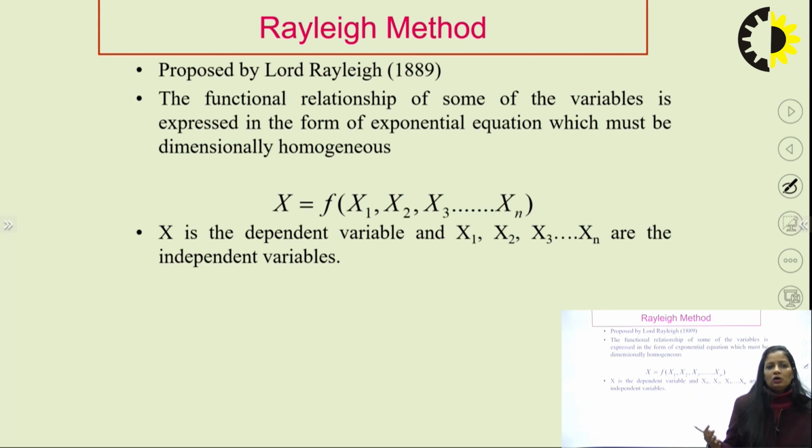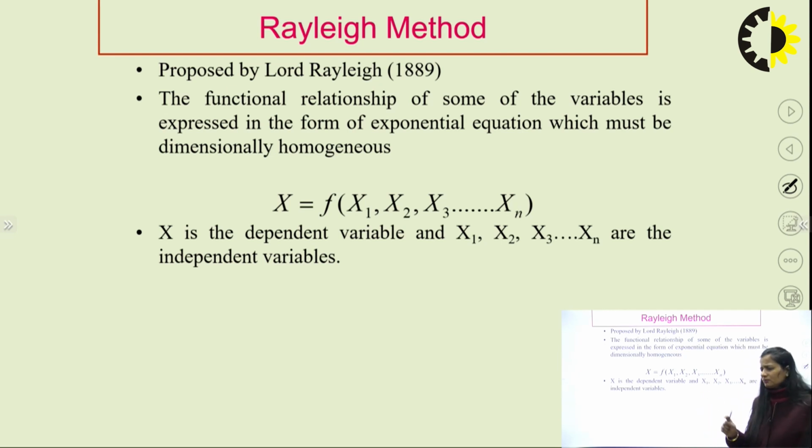and find out the equation involved in the particular physical or fluid phenomena. The functional relationship of some of the variables is expressed in the form of an exponential equation, which must be dimensionally homogeneous.